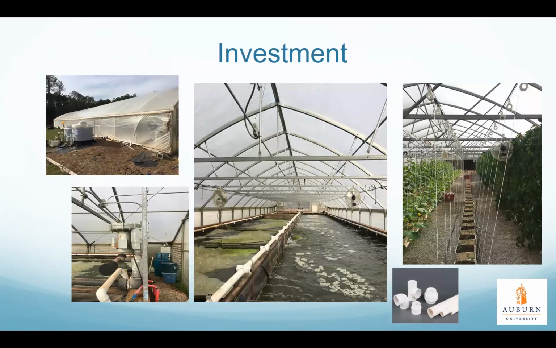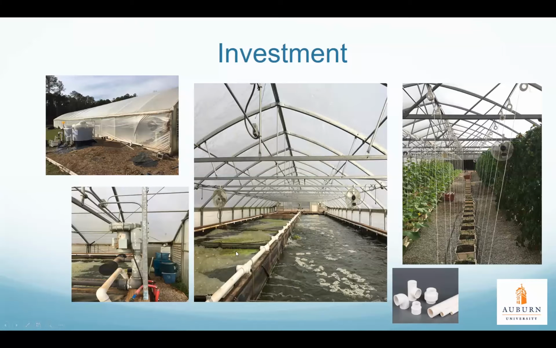So the first thing we're going to look through is these two systems of the fish and the plant greenhouse and what costs go into it. On the upper left, you can see a greenhouse, and you can see the two tanks where we clear the water of its solids before it goes to the plant greenhouse. This is the inside of the fish greenhouse where the tilapia are grown.